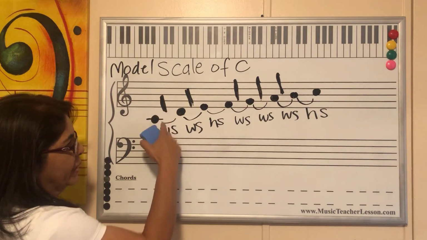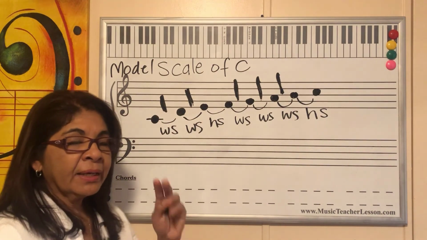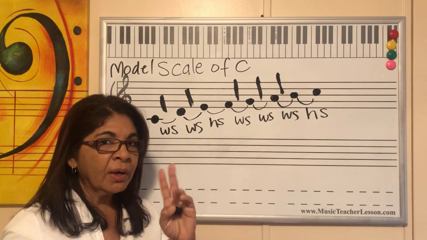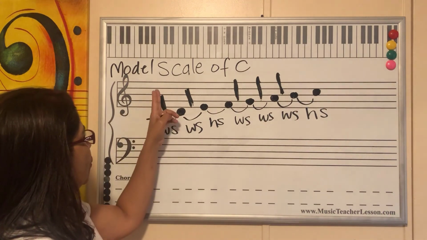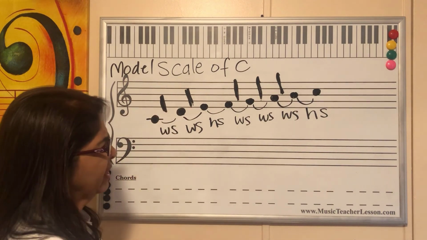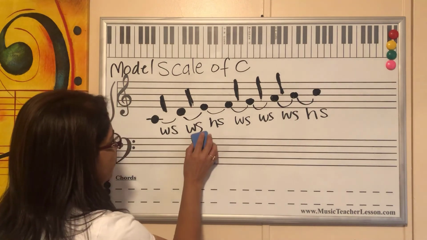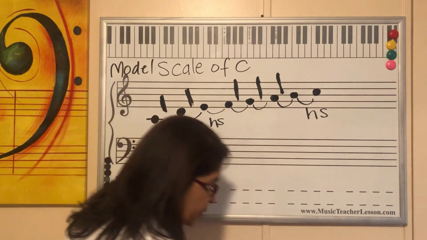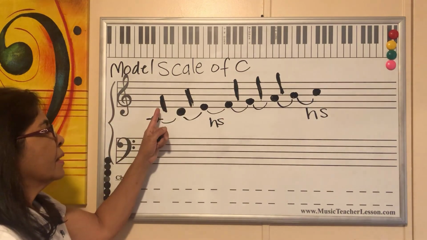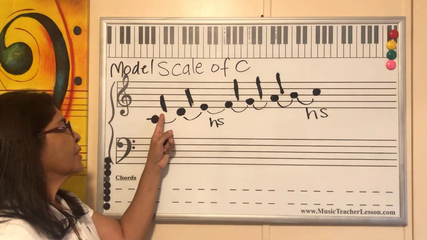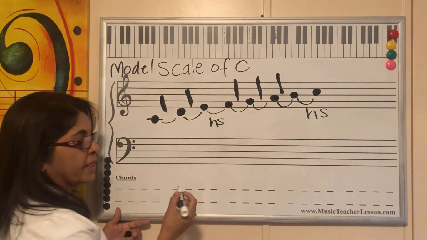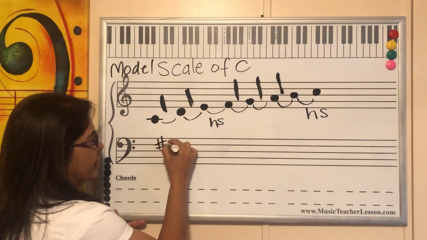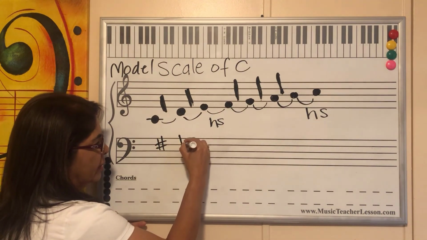A whole step, we can cut it in two half steps. So, by the way, let me say this. Most of you know that the black keys represent a sharp or a flat.